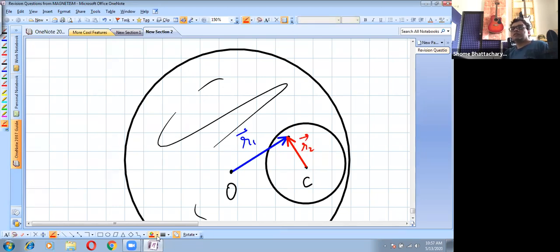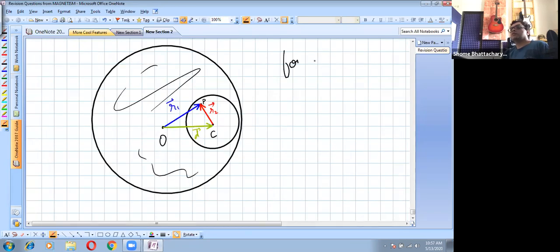And let us say the center to center vector is expressed as a vector D. So it's the vector OC. And that arbitrary point inside the cavity is this point.